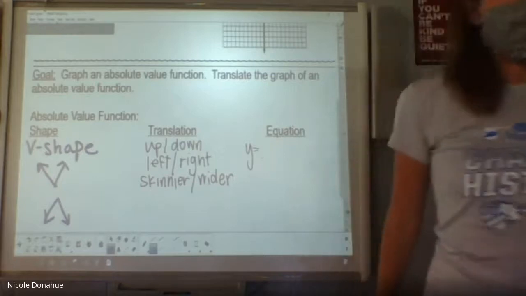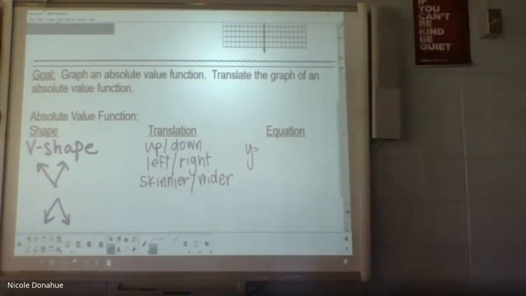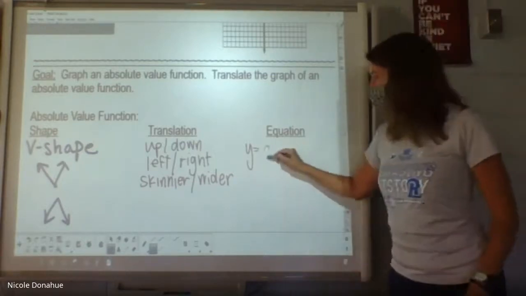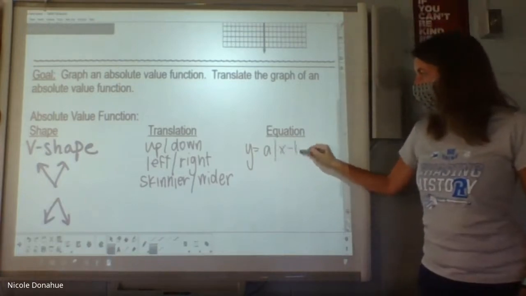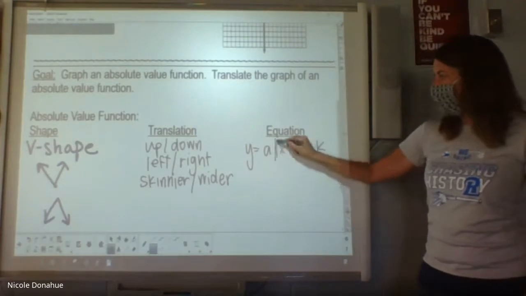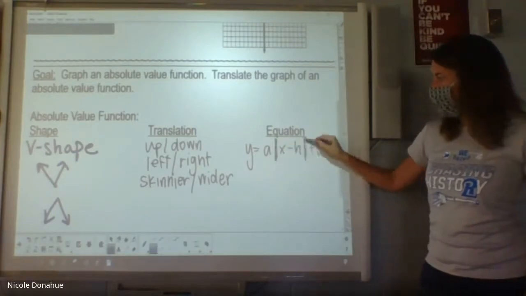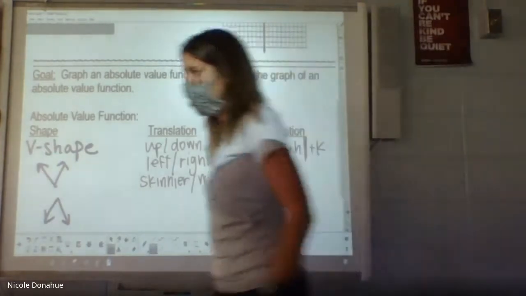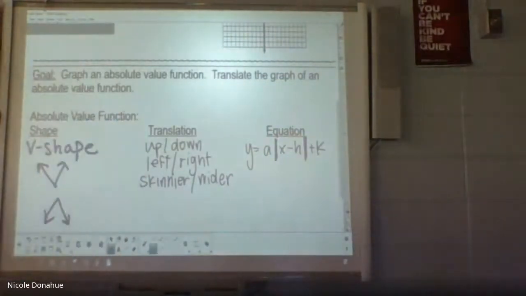And I'll show you guys what the equation looks like. So the general equation for an absolute value graph is this. Those are absolute value lines there. So they're different letters than you're used to seeing.